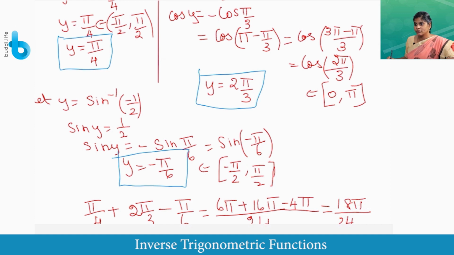On simplifying you will get 3 by 4 pi. That's all the value. Okay, then we'll move on to the next question.